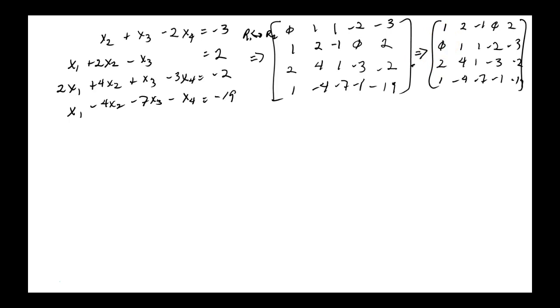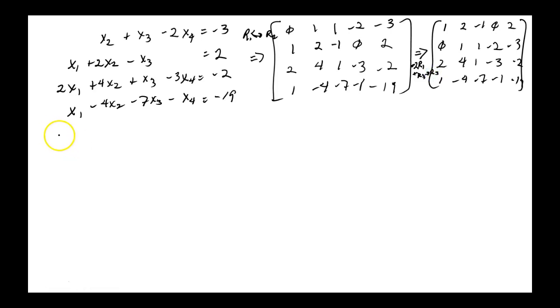I think you already said it, but let me reiterate it. We wanted a 1 here, now we got it. We wanted a 0 below it, we got that. Now we're going to get that to become a 0. How do we make that happen? Negative 2, row 1, plus row 3 is the new row 3.